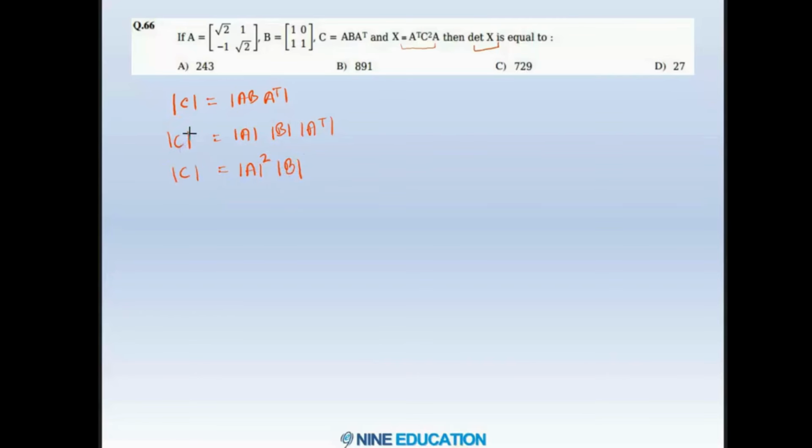This is the value of determinant of C basically. Okay, first thing we have understood here. Now if I talk about the X matrix, and I take the determinant of X, again you can observe we'll be writing determinant of A transpose, C square and A, which will give us determinant of A transpose, determinant of C square, and determinant of A. And therefore I can again say that it is determinant of A square into determinant of C square.